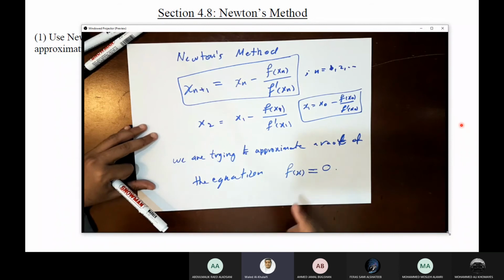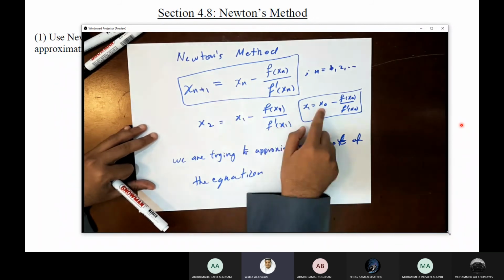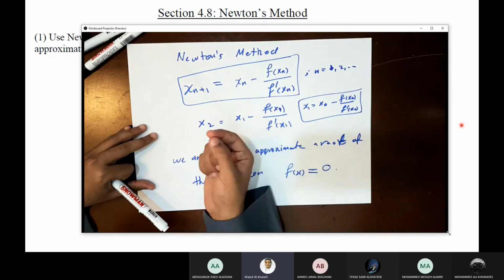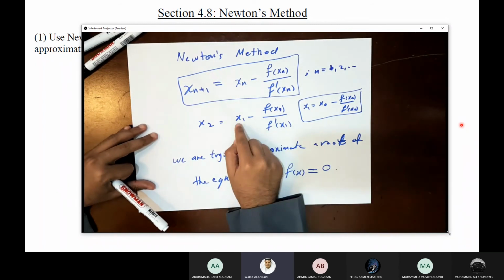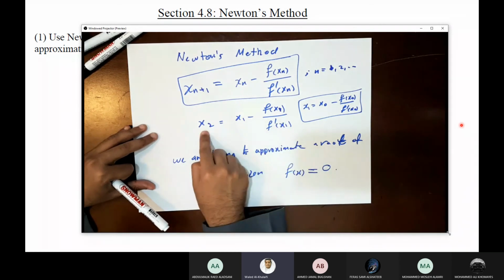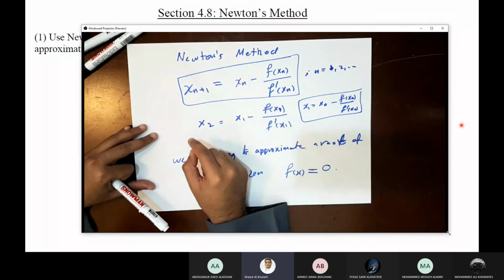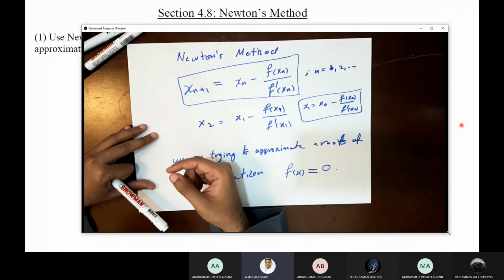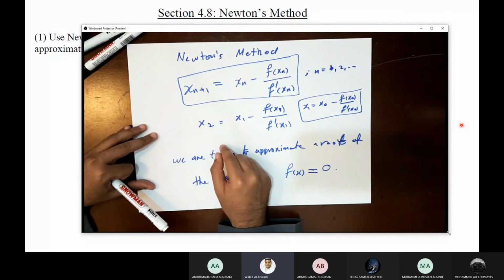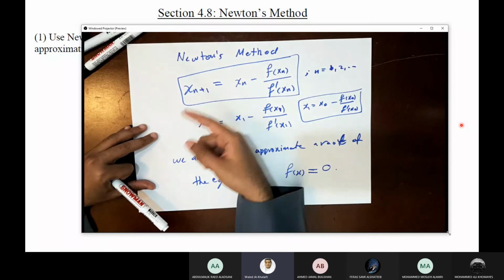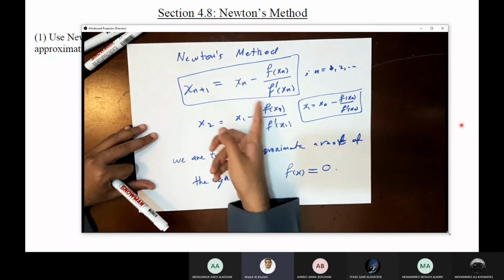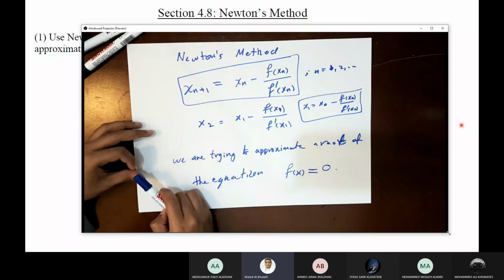If you're expecting one root, you try to guess the first initial value, x0 or x1, and then you substitute here and you get another number. Take that number, substitute here, you get x3. That x3 should be closer to the exact value. Take it, substitute again, you get x4 and x5 and so on. This is the iteration process.